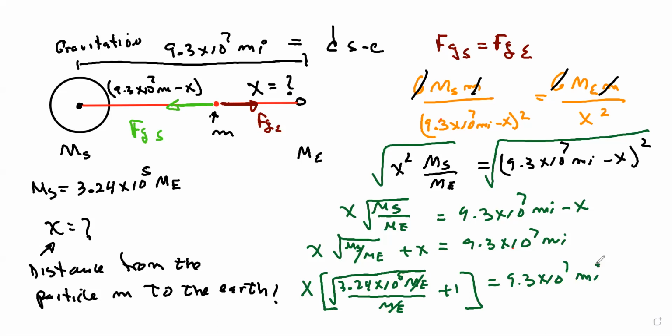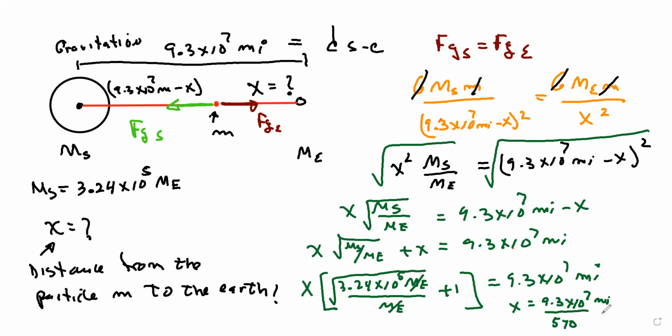If you do this math inside the brackets, x is going to be equal to 9.3 times 10 to the 7 miles divided by 570.